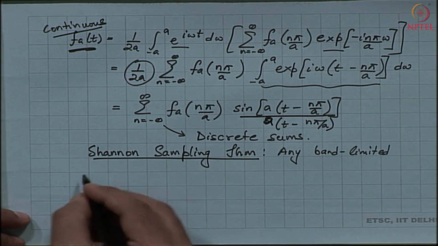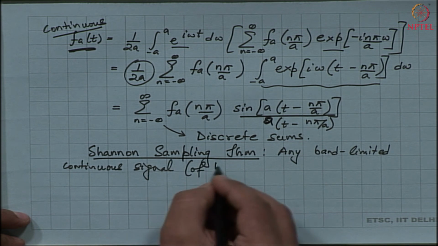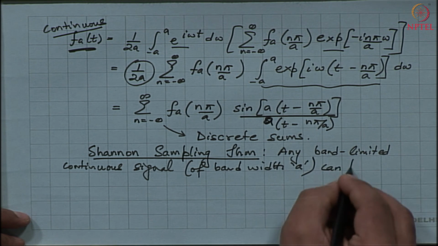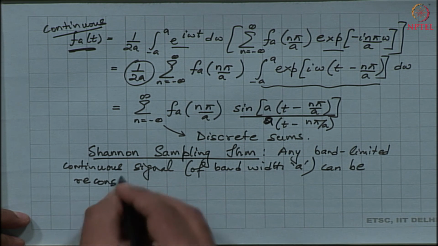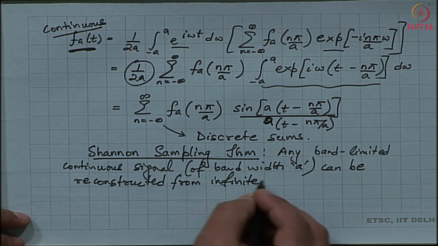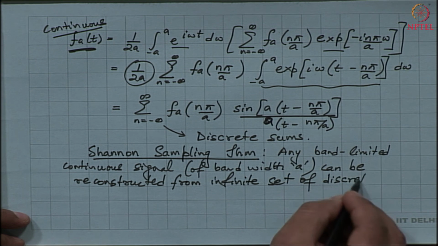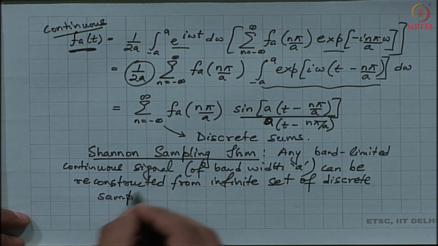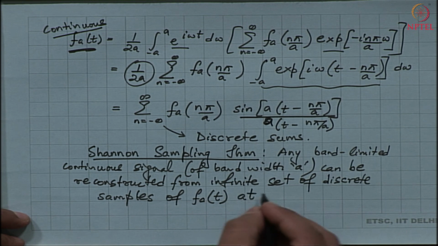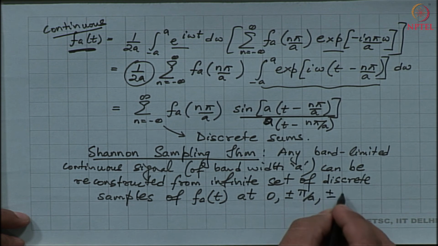Any band limited continuous signal of, let us say, bandwidth a can be reconstructed from an infinite set of discrete samples of f_a at all these points, integral multiples of pi by a, right.